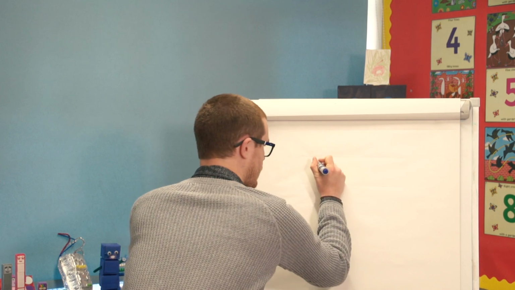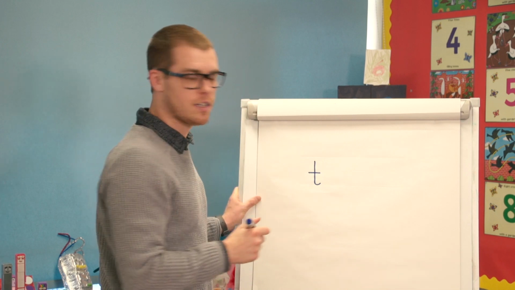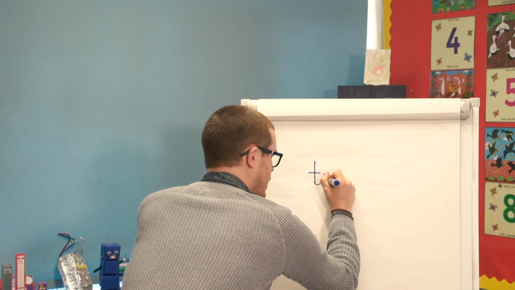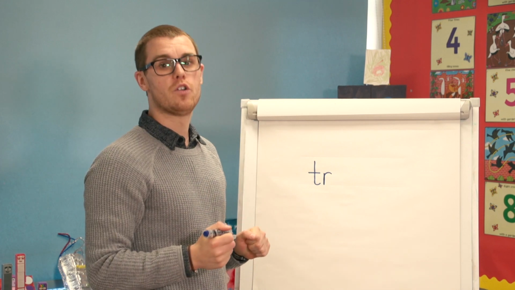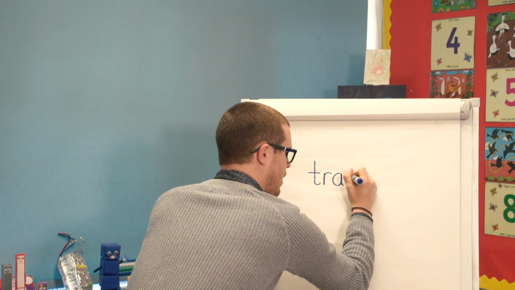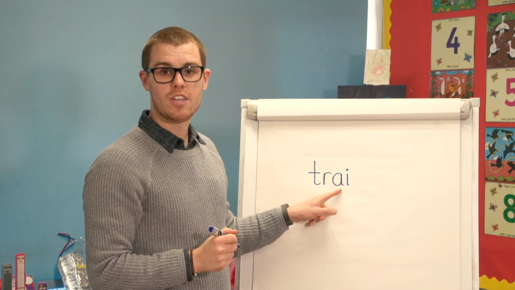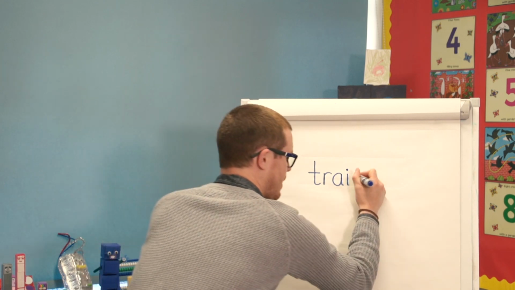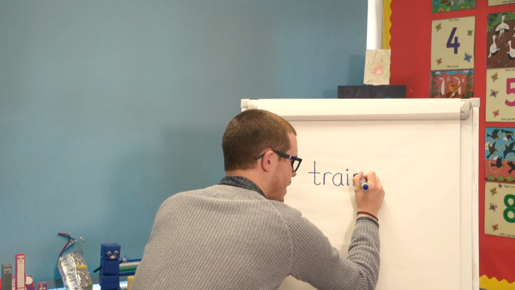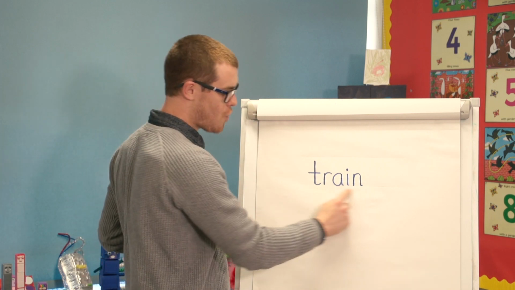Now watch me write train, and remember I need 4 sounds. My first sound says T. My second sound says R. Then I have this grapheme for the sound A. And then at the end I have N. Train.